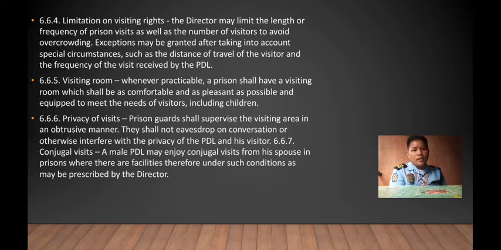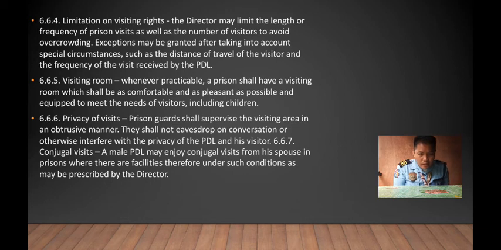Next, we have privacy of visits. Prison guards shall supervise the visiting area in an unobtrusive manner. They shall not eavesdrop on conversation or otherwise interfere with the privacy of the PDL and his visitor.